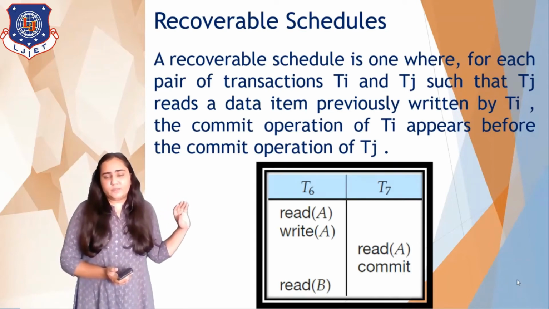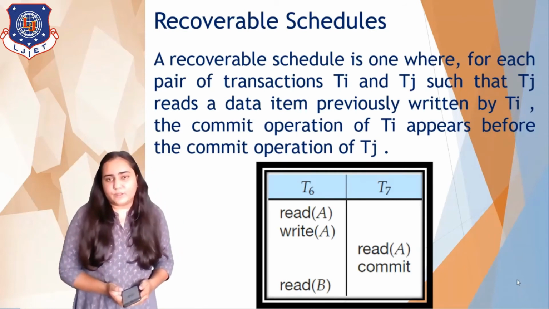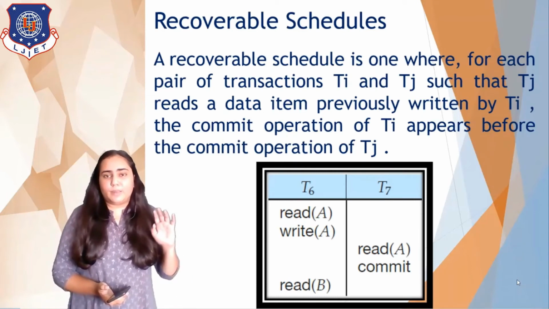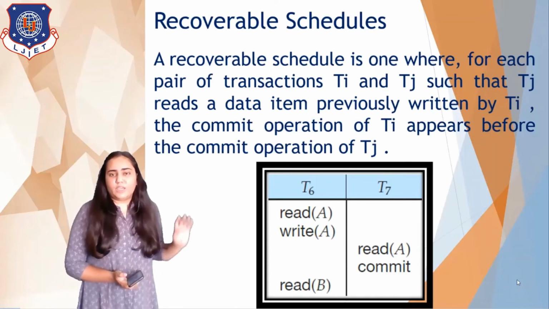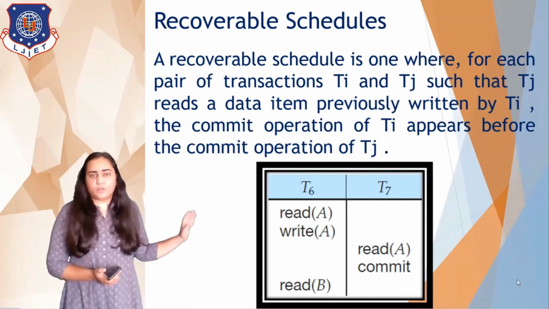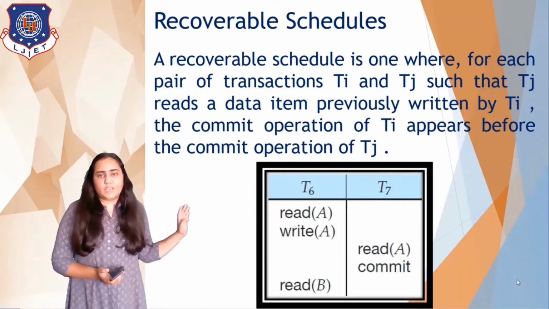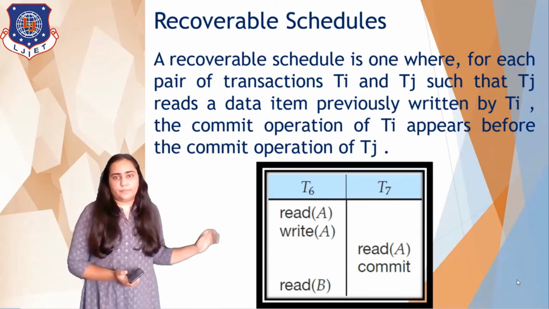Now, if A becomes 50 once again, then the value read by T7 is wrong, because T7 read the value 100 and performed all calculations based on that value. So T7 would also have to be rolled back, but we cannot roll back a transaction that has already committed. And that's why you see this schedule is a non-recoverable schedule, because in the case of an error, we cannot get our original data back using this schedule.